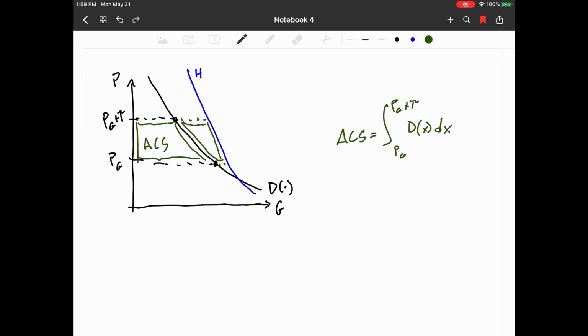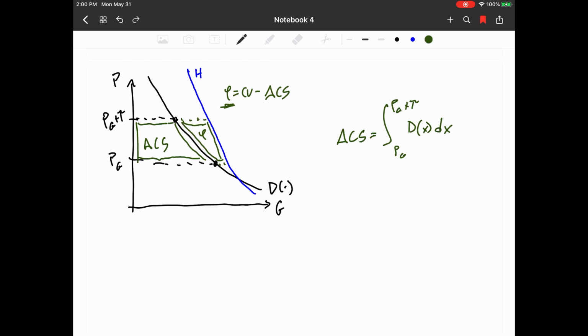And this area here, let's call this, this is just the difference between the compensating variation and the change in consumer surplus.